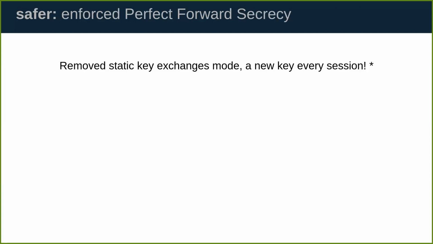Another way that DTLS enforces better security is that it has completely removed static key exchange modes. This means that every single session, every connection will have a new key, and this guarantees perfect forward secrecy. How?